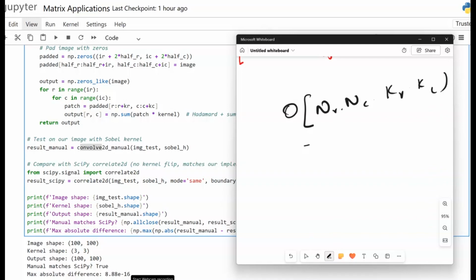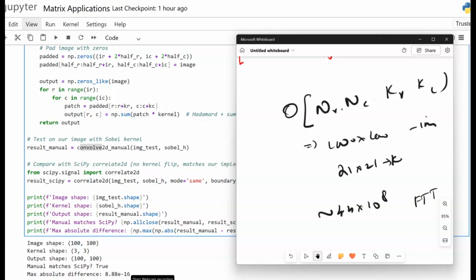For a 1000 by 1000 image with a 21 by 21 kernel, that is approximately 4.1 times 10 to the power of 8 operations. The convolution theorem offers a faster path: convolution in the spatial domain equals multiplication in the frequency domain, reducing the complexity by using the FFT. That is the difference.